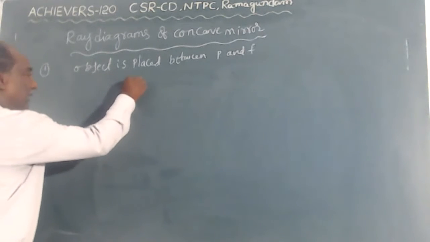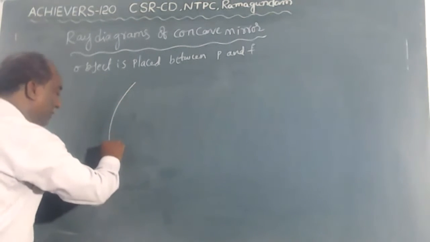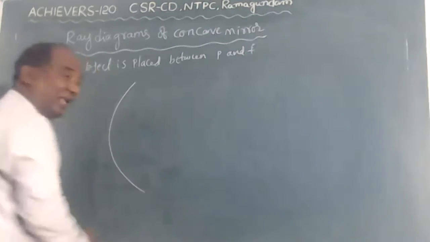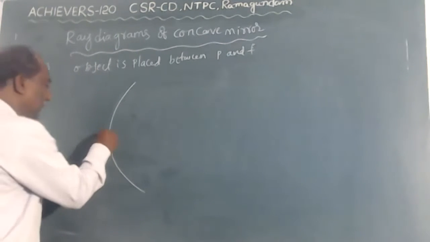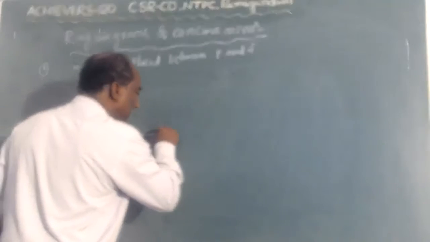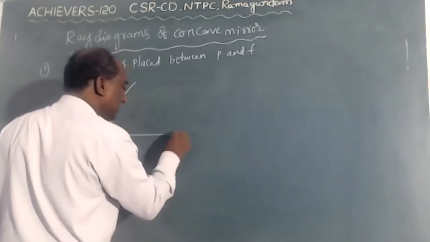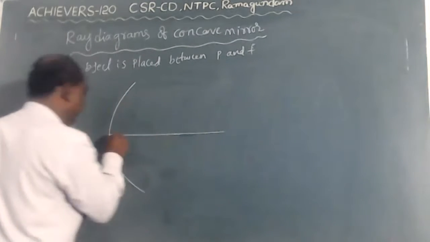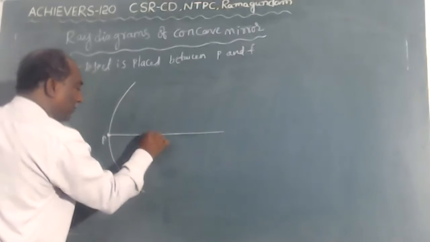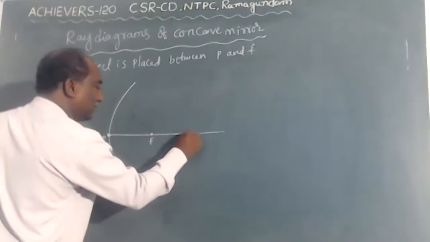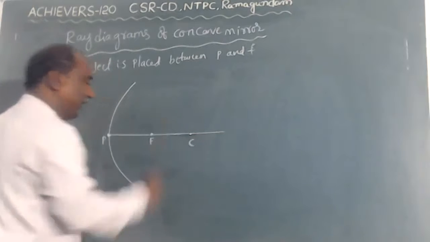Already we know that a concave mirror is a converging mirror, so the reflecting surface is inward. Now, this is the principal axis, pole, focus, and center of curvature.